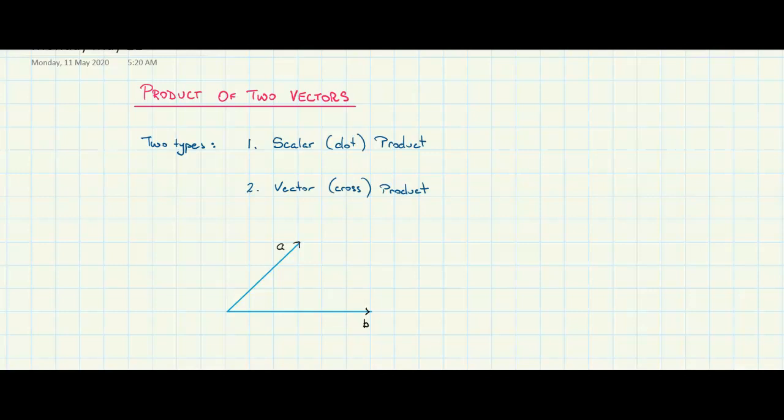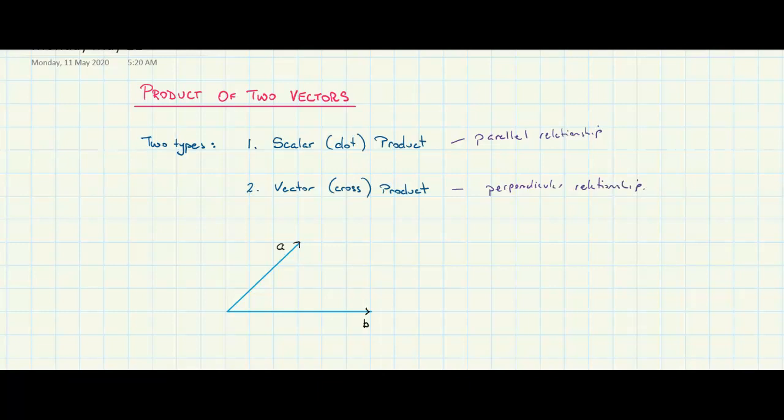So the scalar product is a parallel relationship measure, or the strength of a parallel relationship, and the vector product is a measure of the perpendicular relationship. So that's in a nutshell the difference between the two.